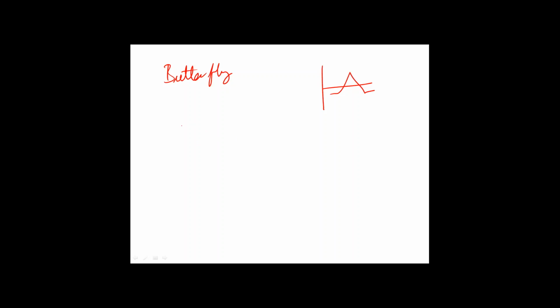Now let's take an example. Let's say we take a lower call, a call in the middle, and a higher call. In the call in between, the middle call, we take 2. So let's suppose for the lower call the premium we paid was 6, and the middle call we are going to sell.